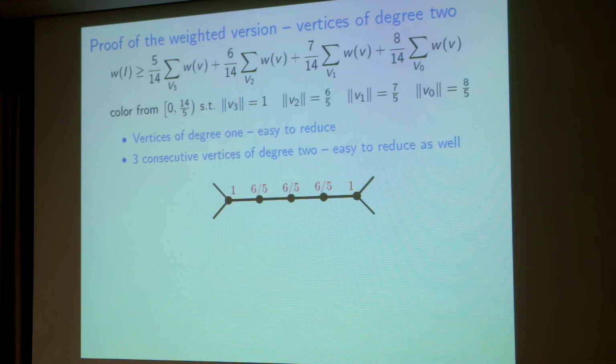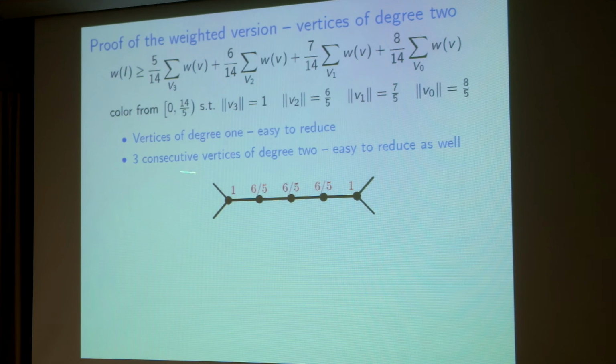Let me tell you 2 out of 3 possible cases. The third case I will ignore because it's maybe the most technical. And again, my aim is rather than to give you a full proof, to give you a flavor of what arguments we are using. So the first case is the following.